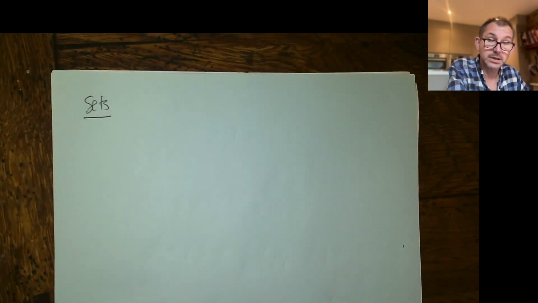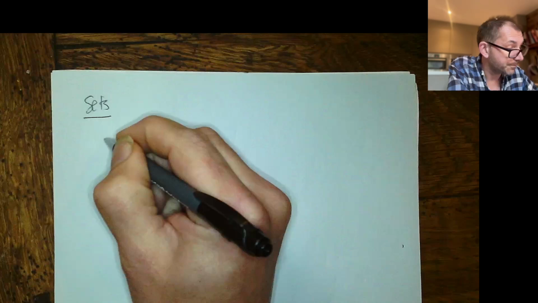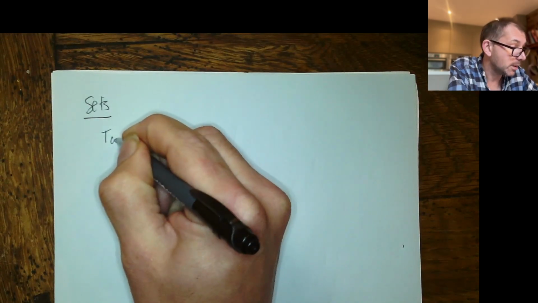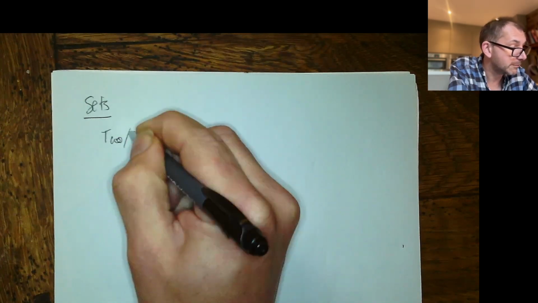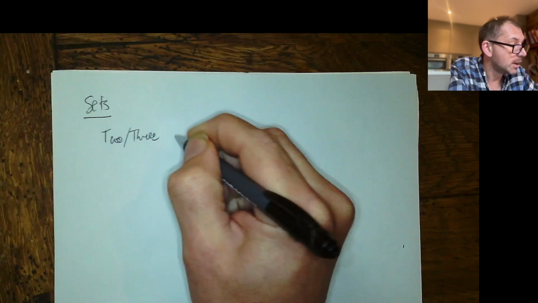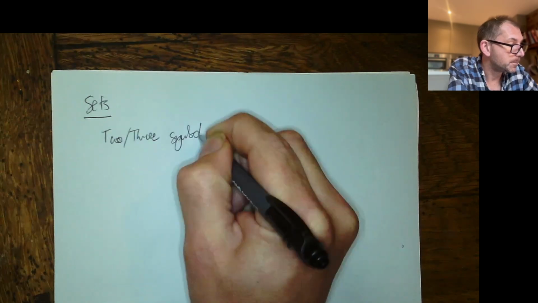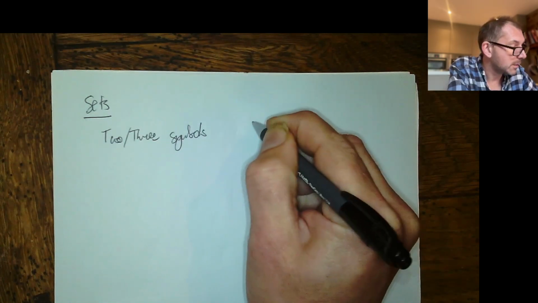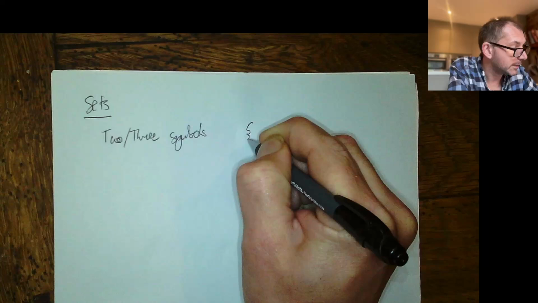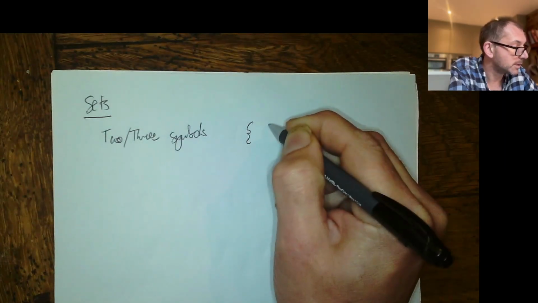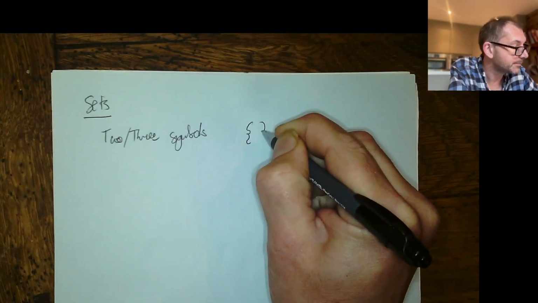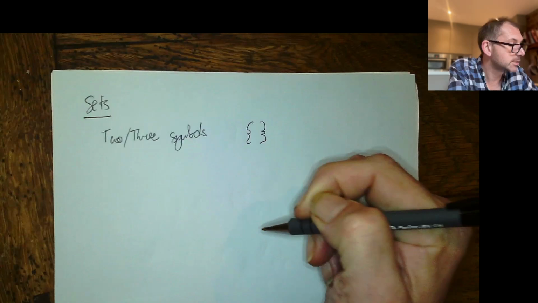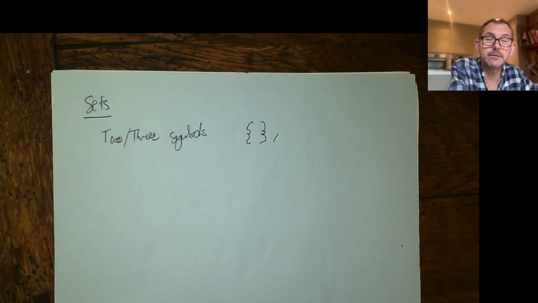Sets are built up using three symbols really. We have, I'm going to try and do this very carefully so it looks nice, an open curly bracket, and a closed curly bracket, and then there is a comma.